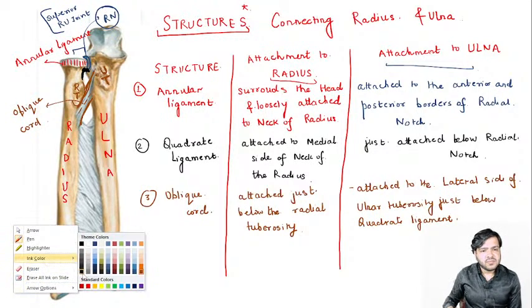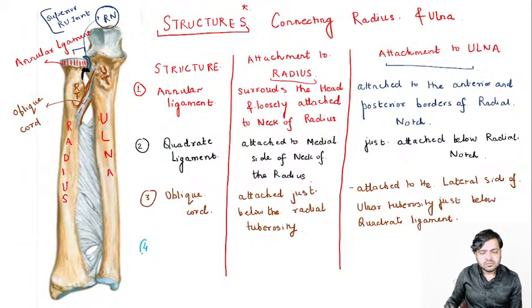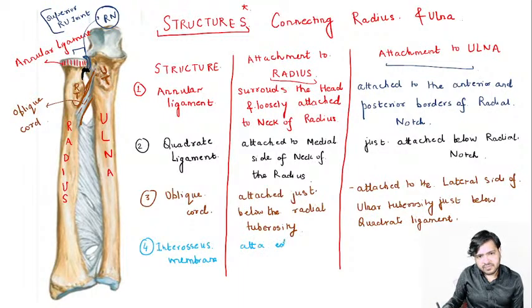Coming on to the next point. Interosseous membrane. Remember, it is attached to the interosseous border of the radius. We are talking about this particular membrane, and you can all see the direction of the fibers over here.